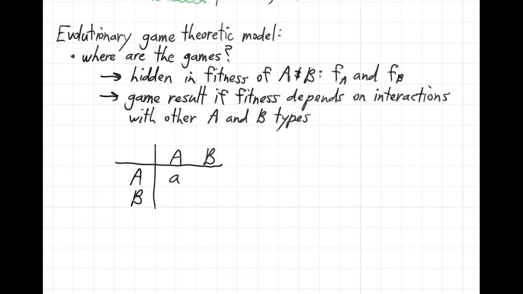And then the other possibilities, let's say we call them B, C, and D. So what we've written here is the fitness that results from individual interactions between individuals in terms of what types of individuals are interacting. So this top row represents the fitness of individuals of type A if they interact with a type A or a type B. And we've seen this before. This is a symmetric game that we've written here.